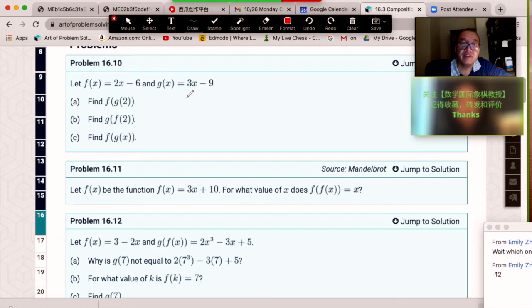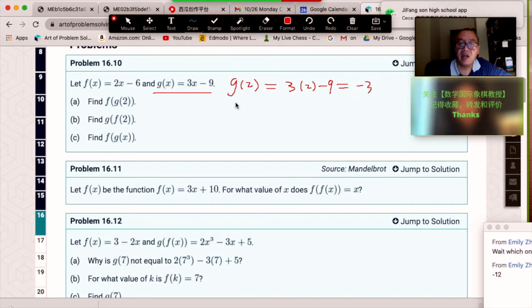So first, you need to calculate what g(2) is. This is the function g(x). So when x equals 2, g(2) equals 3 times 2 minus 9. This equals 6 minus 9 equals negative 3, right?